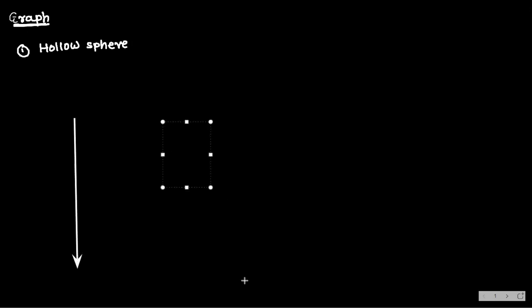Number one, due to hollow sphere, and the graph was something like this.